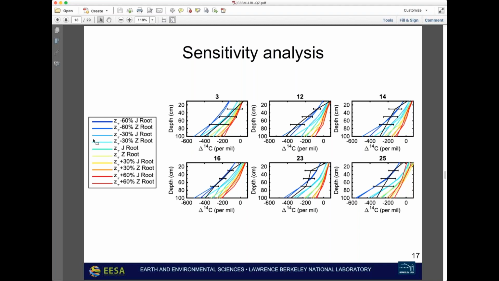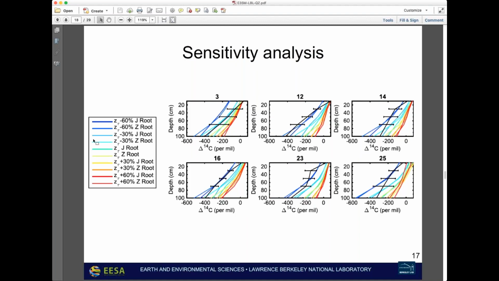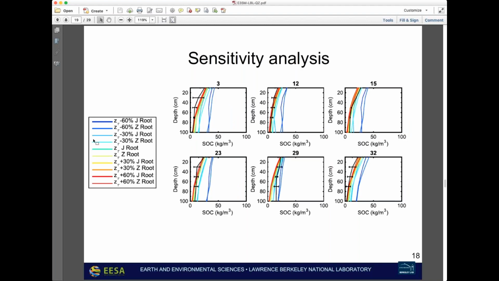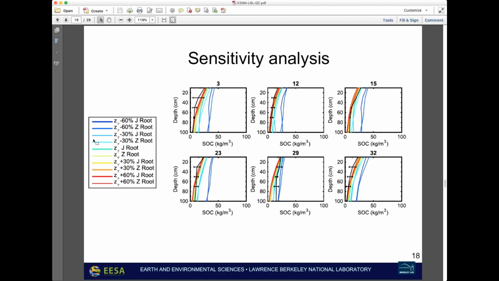And it seems to be very powerful. But if we combine it with the SOC stock or SOC carbon density, we will see that those two don't necessarily be compatible. So the blue line, meaning a smaller Z-tau, will correct the 14C signal, but at the same time it biases the 12C carbon stock or carbon density.